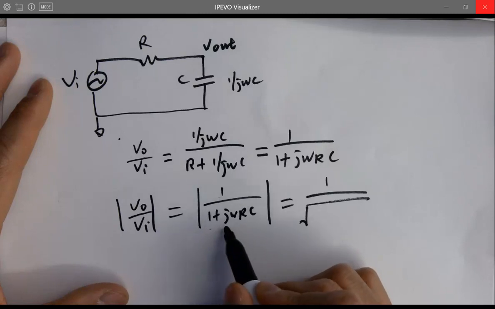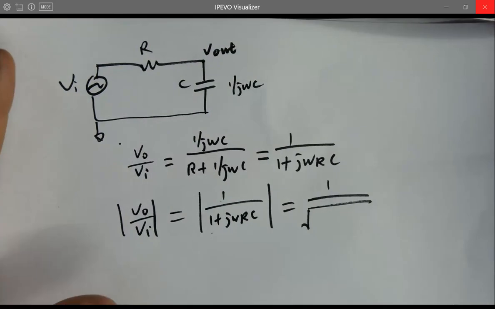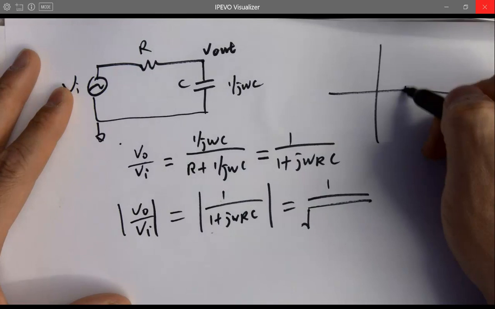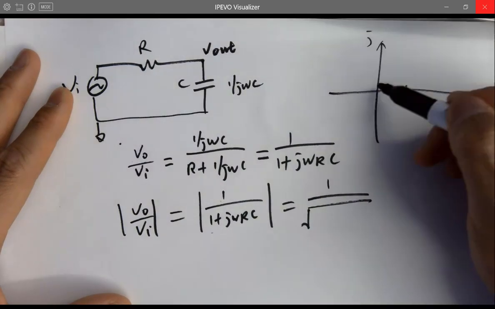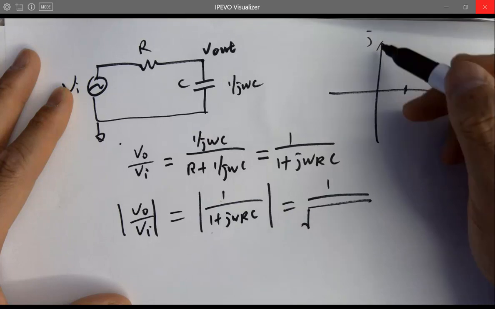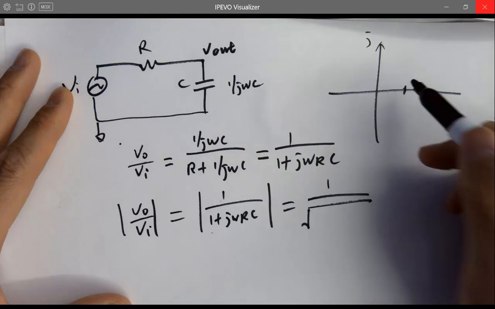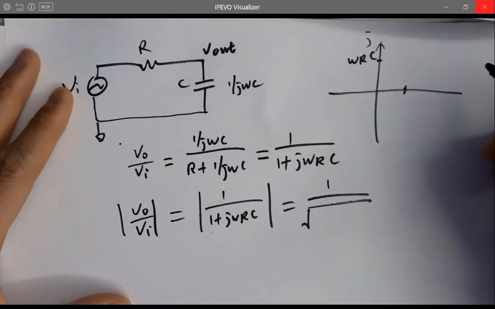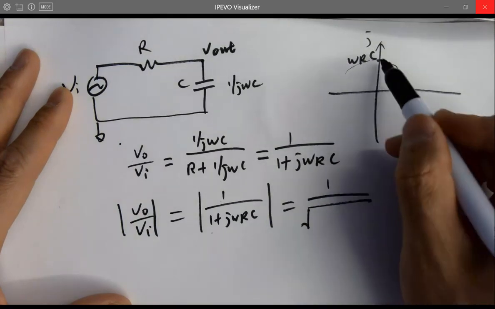The modulus, how to pronounce it? So that's a complex plane, right? We got a 1 here, and that's the J axis. So 1 is here, here is omega RC. That's on the unit circle.